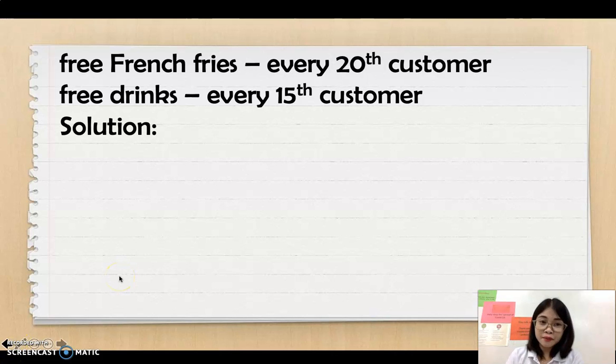When can a customer get both free French fries and free drinks at the same time? So using LCM, to follow the steps again, divide the numbers using the prime divisors until we get the quotient. So we have 15 and 20.